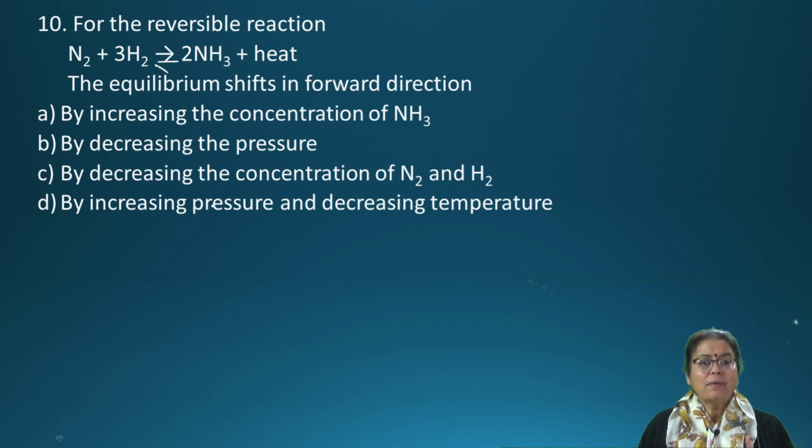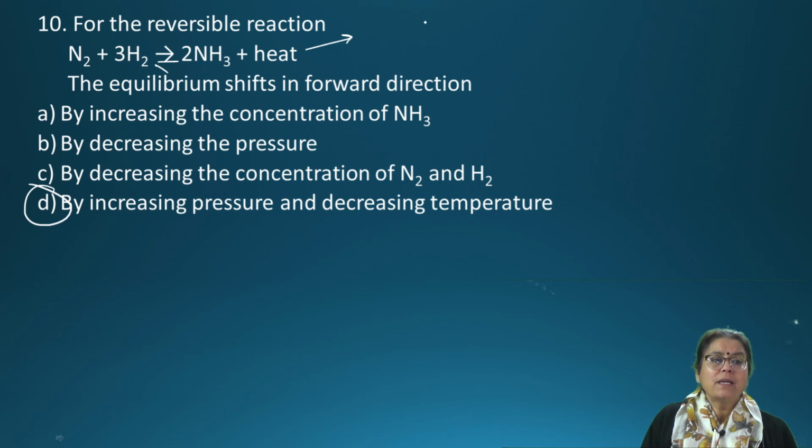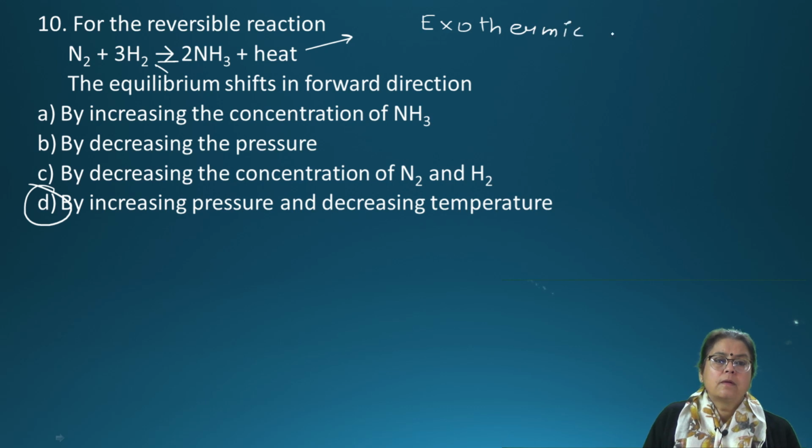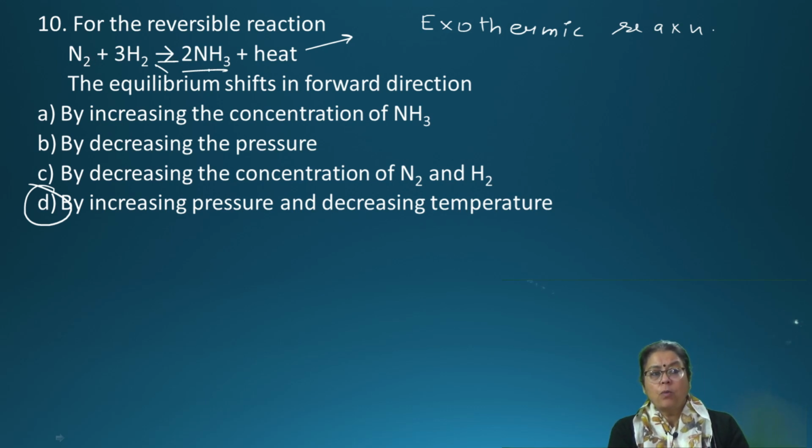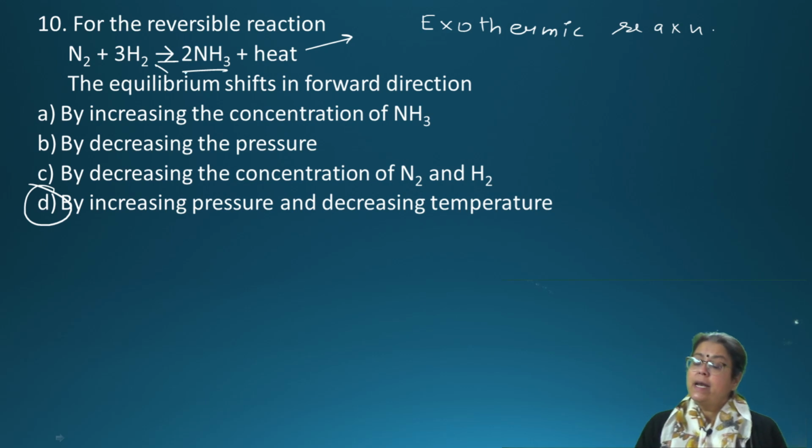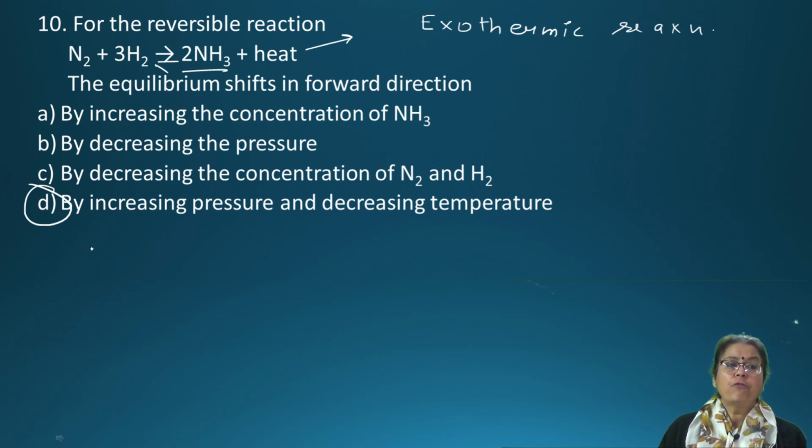By increasing pressure and decreasing temperature, yes, because this is an exothermic reaction. So at low temperature we will get maximum yield of ammonia, and also as in the forward direction we are going on to lesser number of gaseous moles, therefore हमें pressure ज़्यादा चाहिए। ठीक है जी.